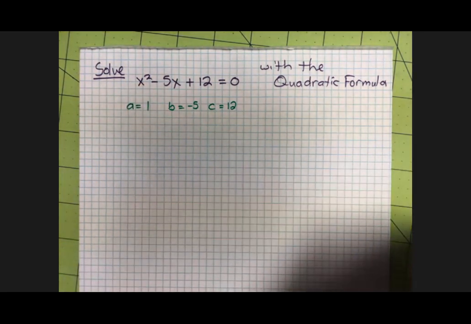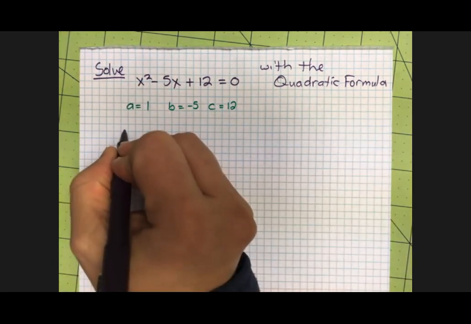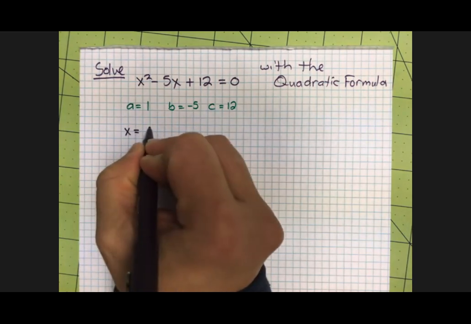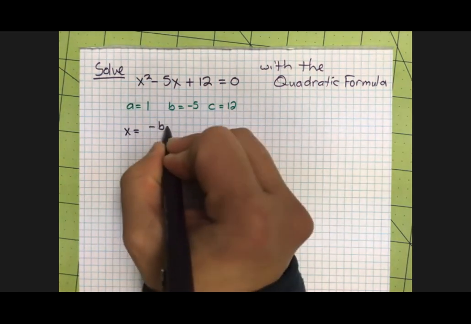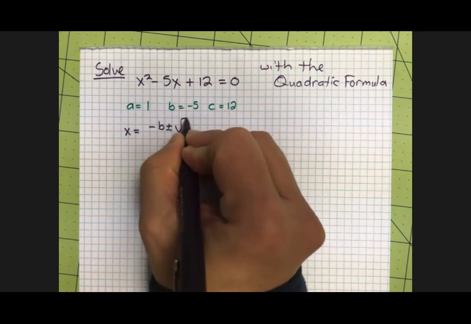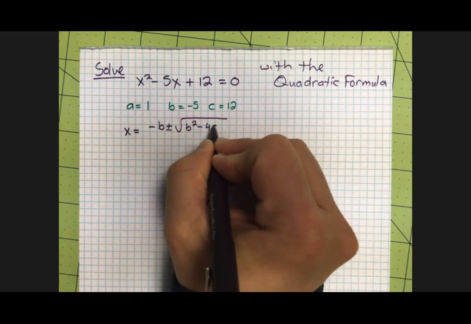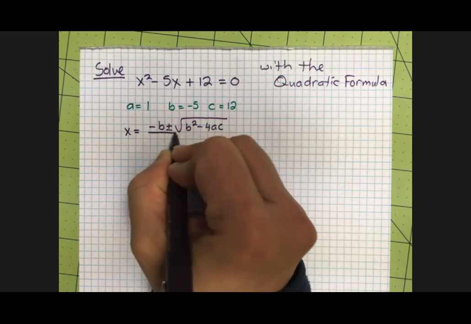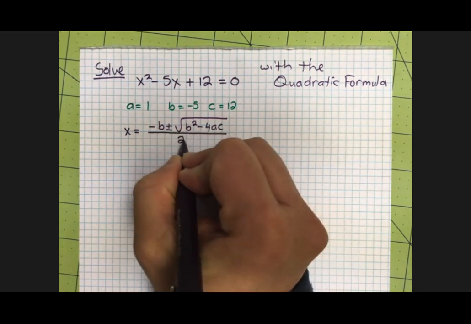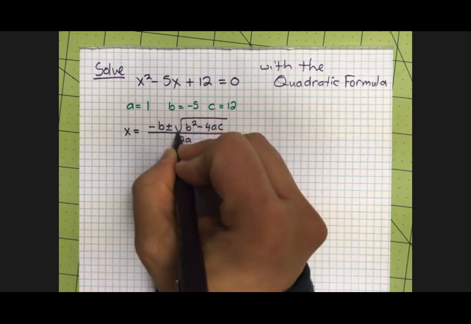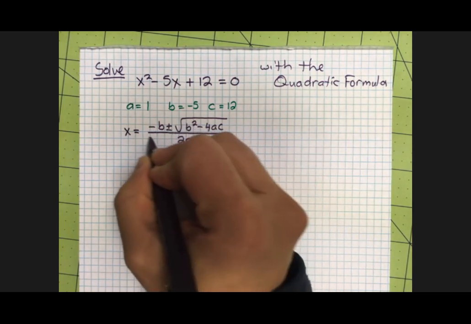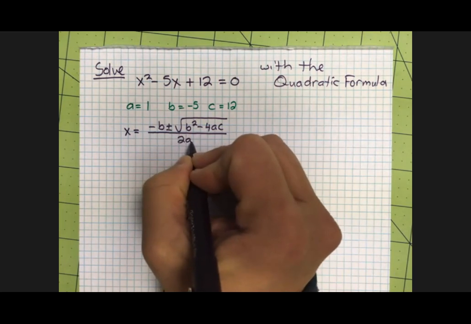Okay. Step 2. Write the quadratic formula down until you can repeat it in your sleep. Everybody divided by 2a. Opposite of b plus or minus the square root of b squared minus 4ac, all divided by 2a.